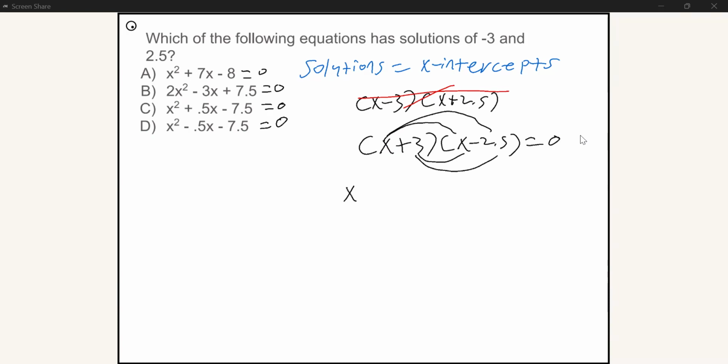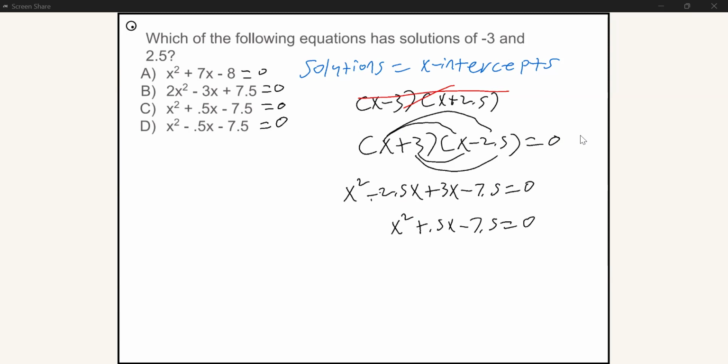So x squared plus, well, let's do outside sums outside. X squared minus 2.5x plus 3x minus 7.5 equals 0. That gets us x squared plus 0.5x minus 7.5 equals 0.